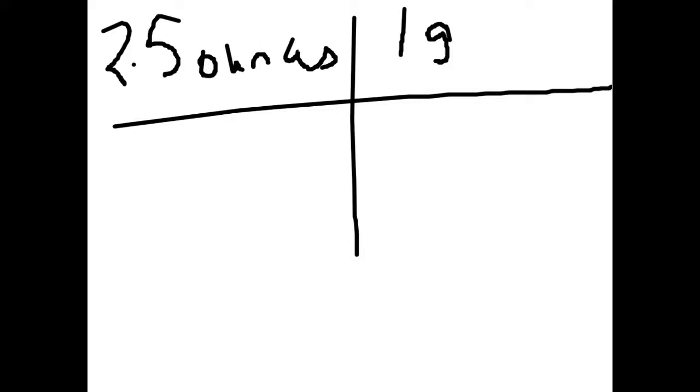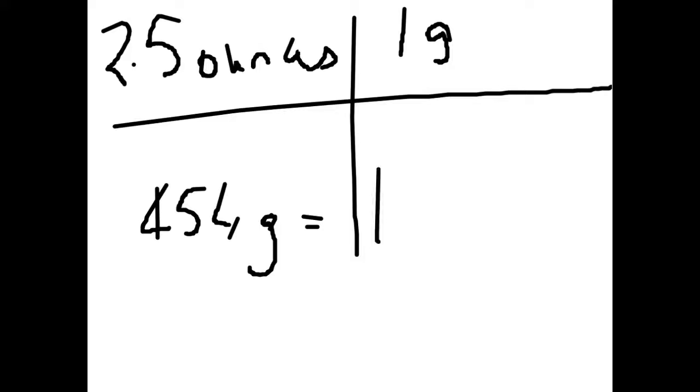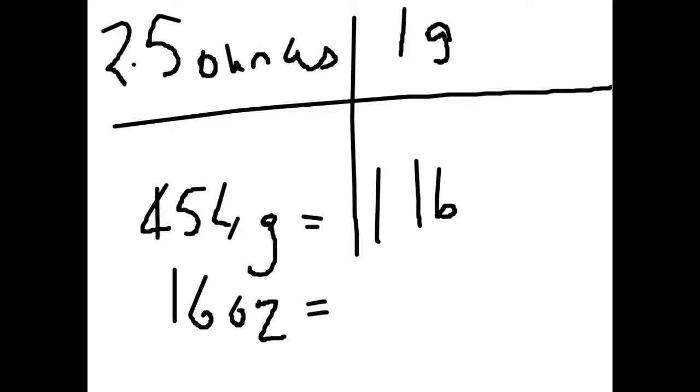This is a great conversion problem. Did you all hear? Okay, I'm going to give you both. 454 grams is a pound, and 16 ounces is equal to what? So tell me, what conversion factor can you use?